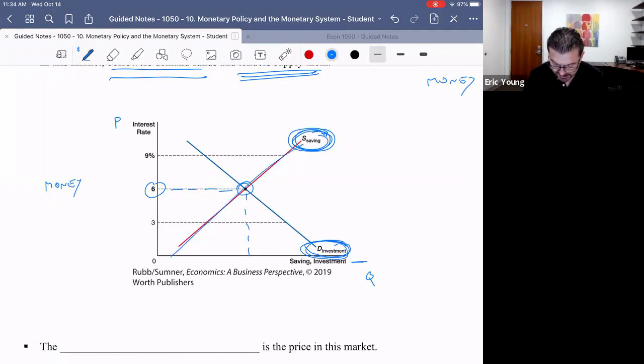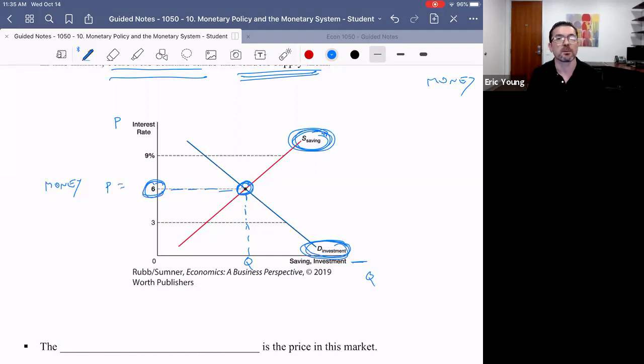The supply and the demand are going to meet, as always, at equilibrium, like any other market. The equilibrium quantity, when you bring it down, will tell you how much money will be lent and borrowed in that market. But the critical takeaway from the loanable funds market is this: the price of money.